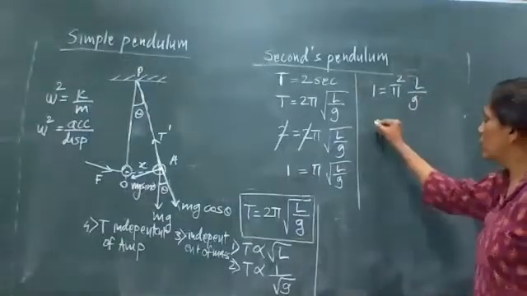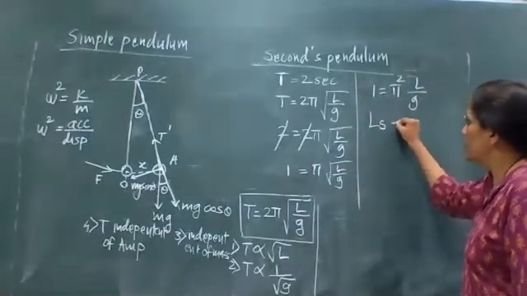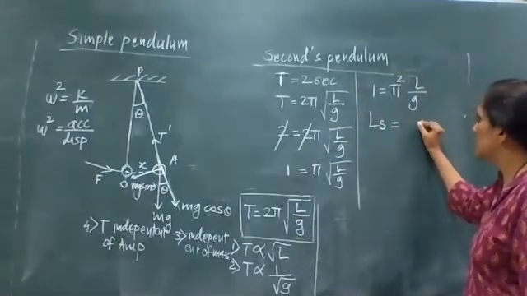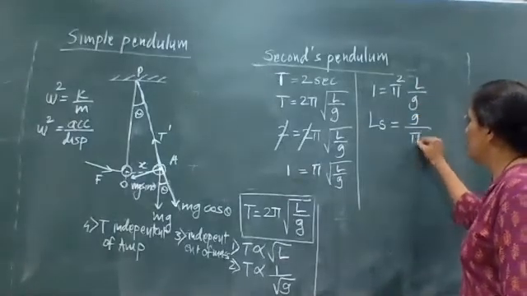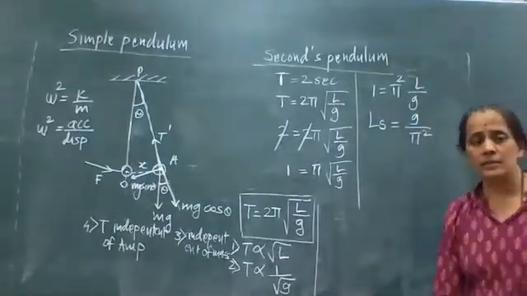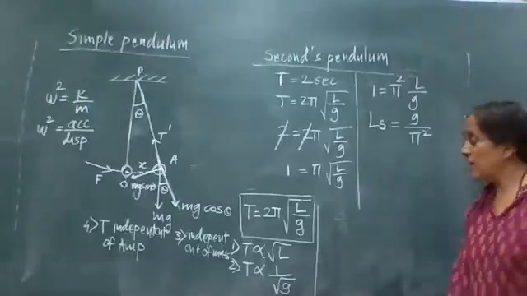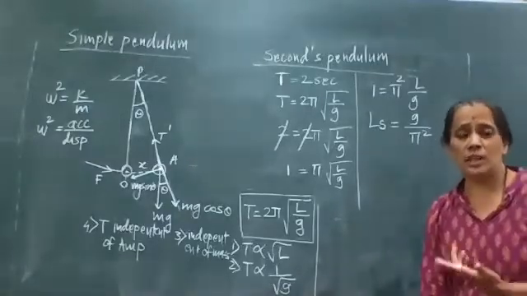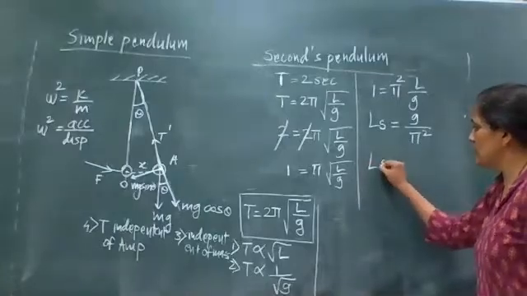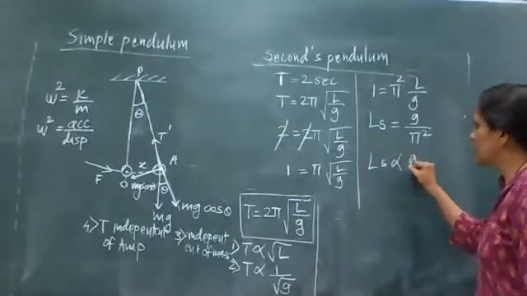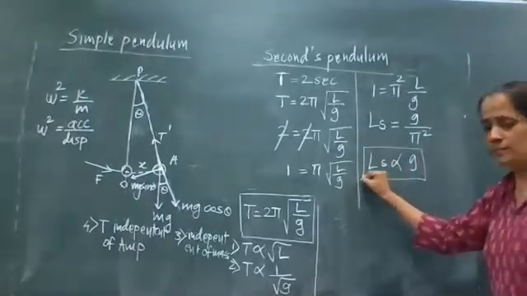And therefore, the length of the seconds pendulum Ls can be written as g upon pi square. The pi value is a constant, nothing but 3.147. So what I say is that Ls, the length of the seconds pendulum, is directly proportional to g.